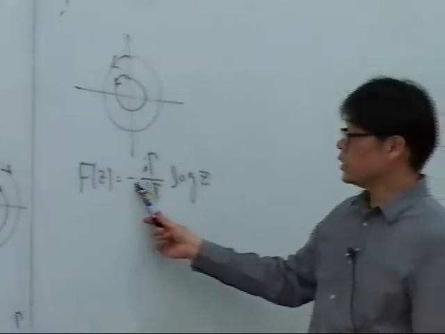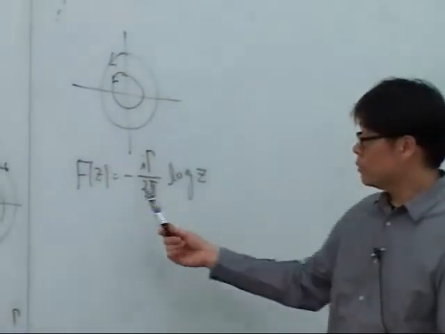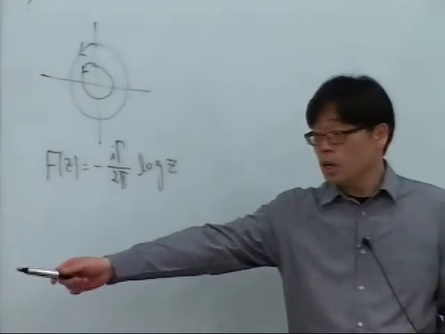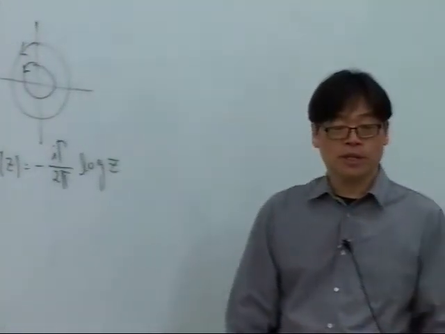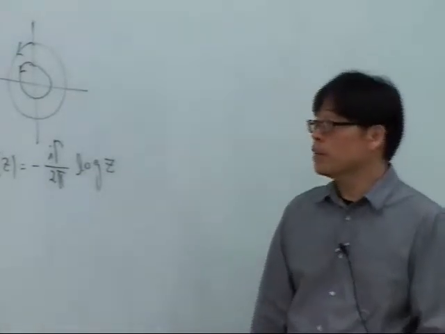So just by changing the sign from positive to negative, you can generate flow in the counterclockwise direction. But once again, by using complex potential, you can get both velocity potential and stream function at the same time.